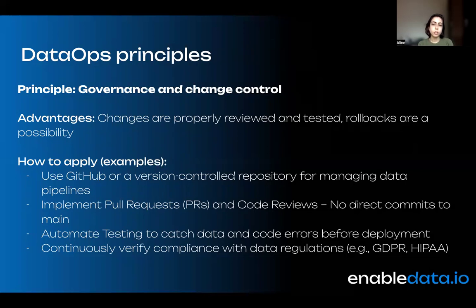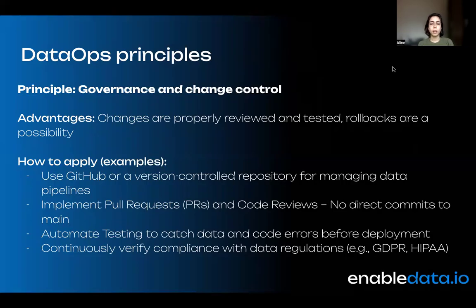Automate testing to catch data and code errors before deployment. So have automated testing, which is another DataOps principle I'm going to talk a bit more about. But when we have these types of repositories, it's very easy to have these processes for automated testing.